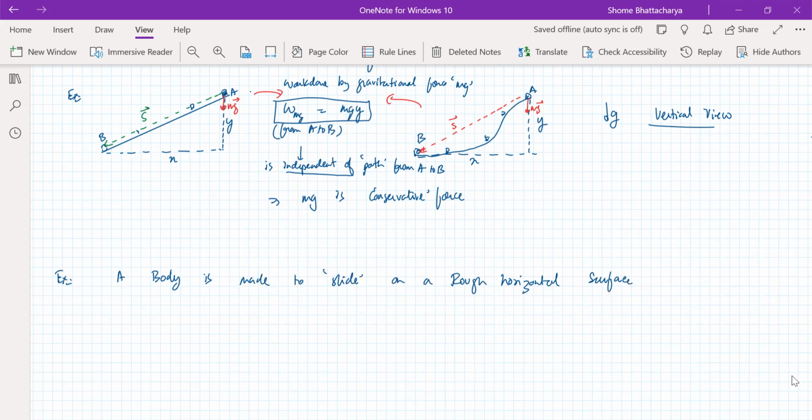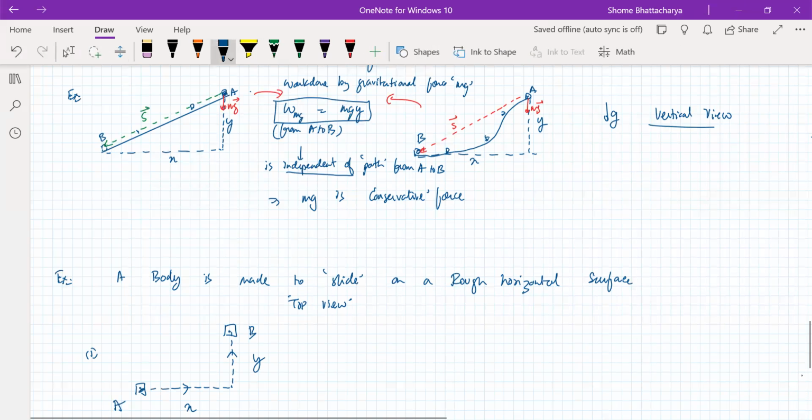And now we are seeing the top view of that. So in the first case, we take the body on this path from A to B, where this is X and again this is Y.